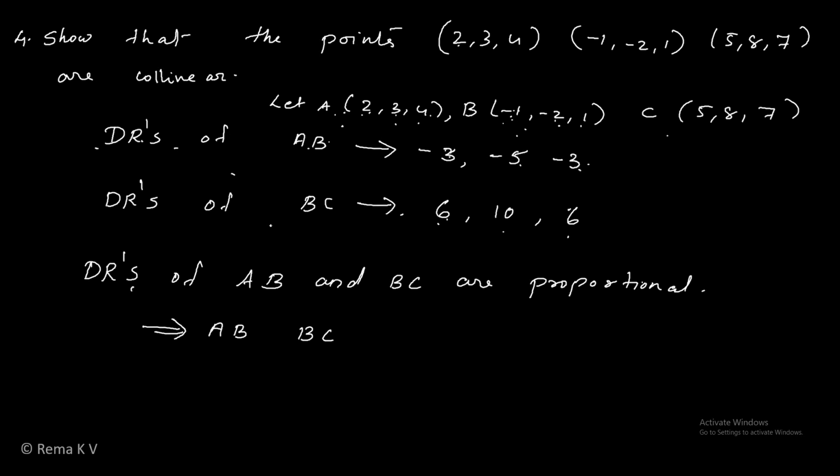In vector algebra you had learned this. If you consider AB as a vector, then you can write this as minus 3i minus 5j minus 3k, and BC as a vector 6i plus 10j plus 6k. So this is a scalar multiple of vector AB. So what can you say about AB and BC?